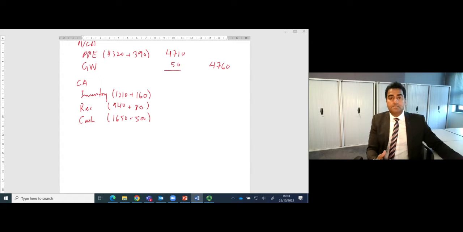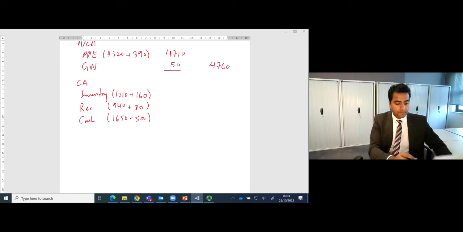So the existing balance before the combination, the cash balance of the parent company A Limited was 1650, and then they paid 500,000 to buy B Limited, so therefore we have to subtract 500,000 out of 1650, and the figures are 1370 for the inventory, receivables will be 1020, and the cash balance will be 1150.